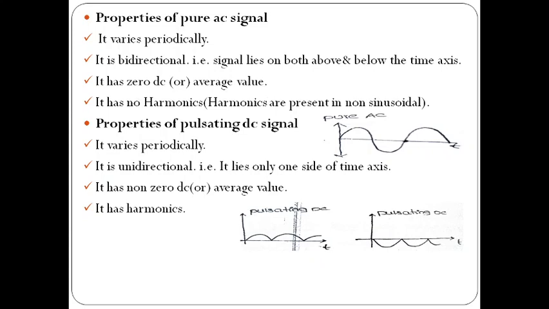The average value of the signal is not 0 because the signal contains AC components as well as DC components. So the average or DC value of the signal is non-zero. And this signal has harmonics. Why? Because in general harmonics are not present in a sinusoidal signal, and this is not sinusoidal, so it may have harmonics. Harmonics means multiple frequencies.